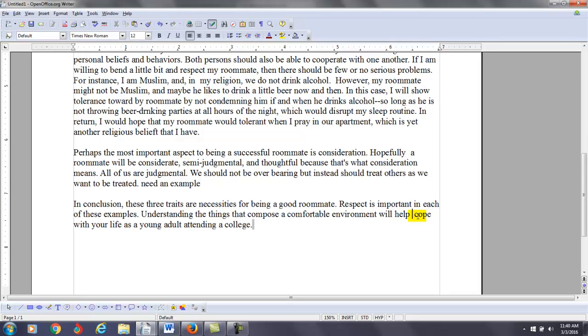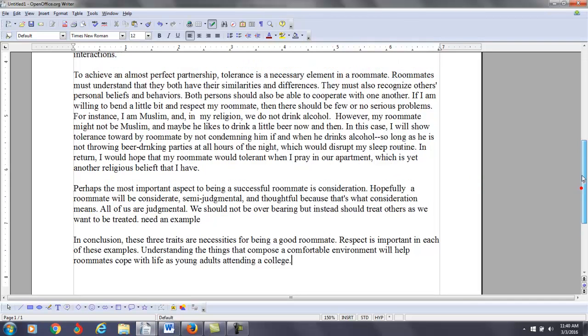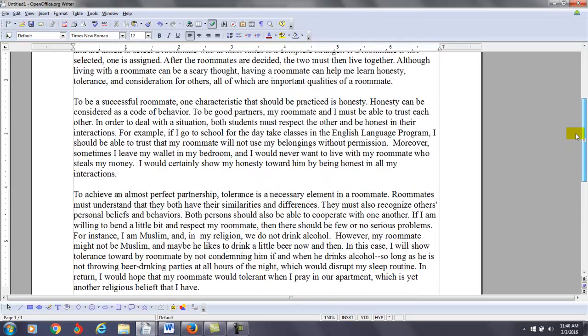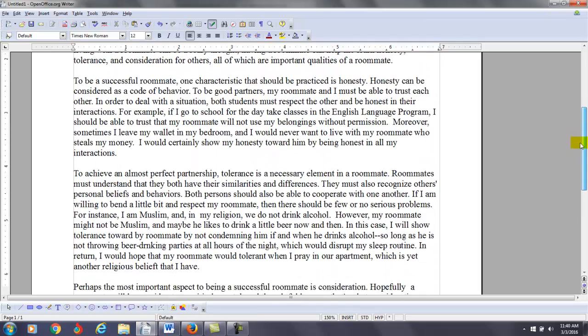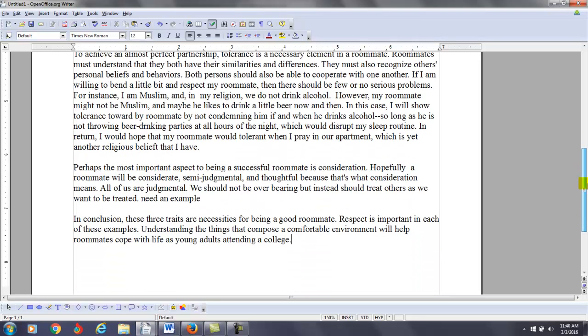Will help roommates cope. Help them cope with life as young adults attending a college. Honesty, tolerance, and consideration.